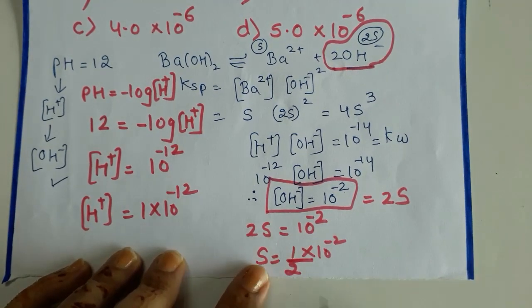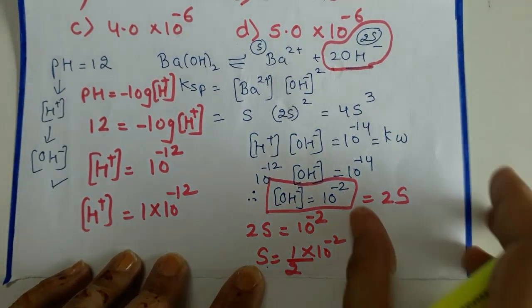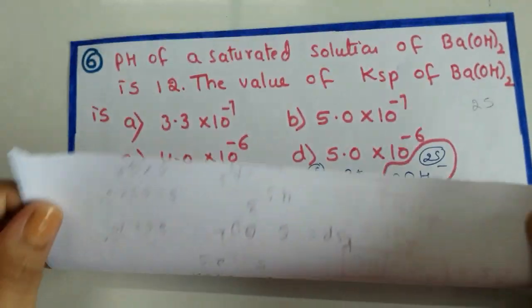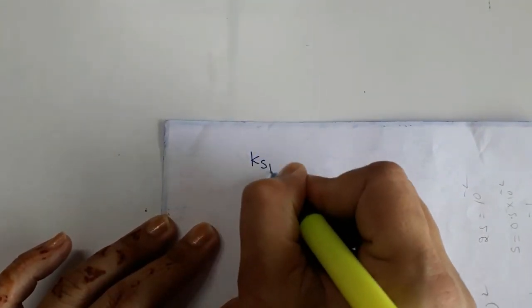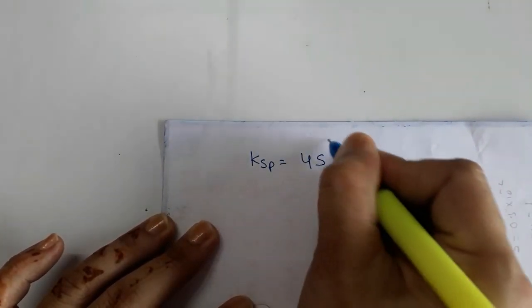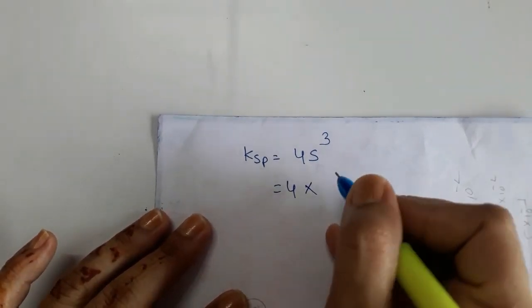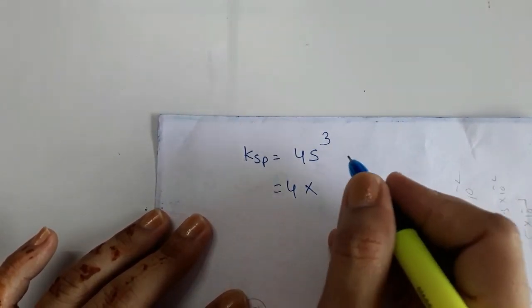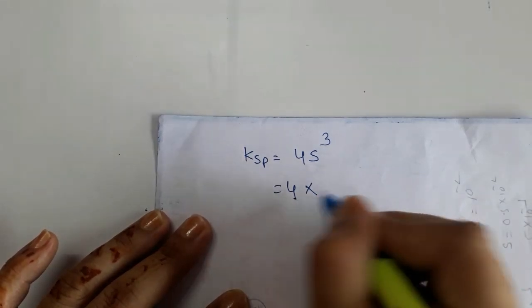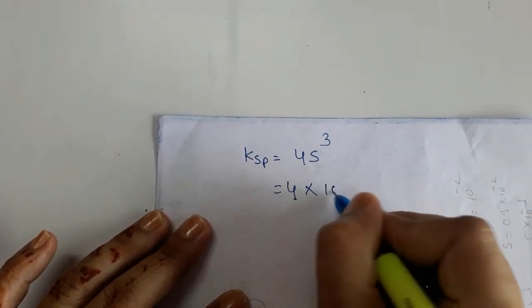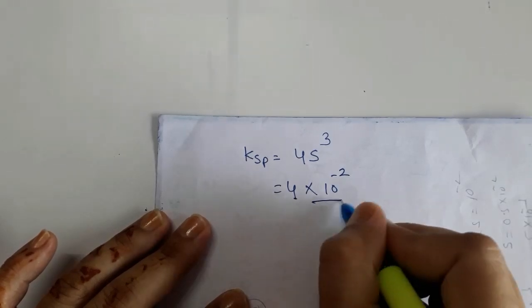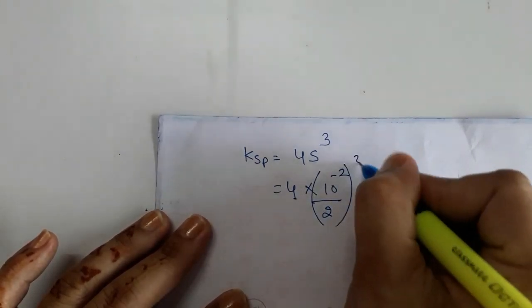We will substitute the value of S in the Ksp expression. Okay, so we have to write here Ksp is equal to 4S cube, 4 multiplied by, what was the value of S we have got? We have got S value is 10 raised to minus 2 upon 2, cube.